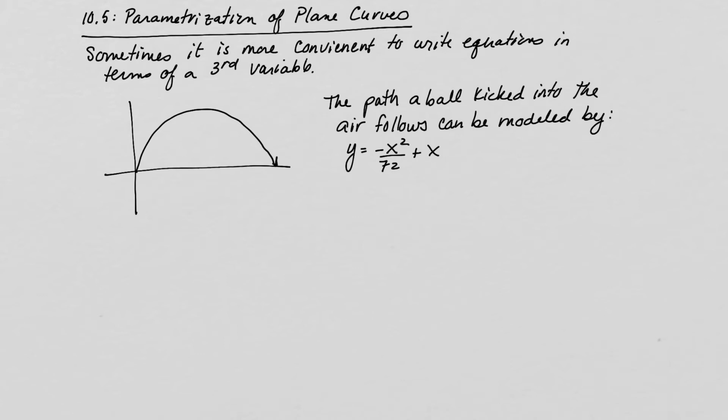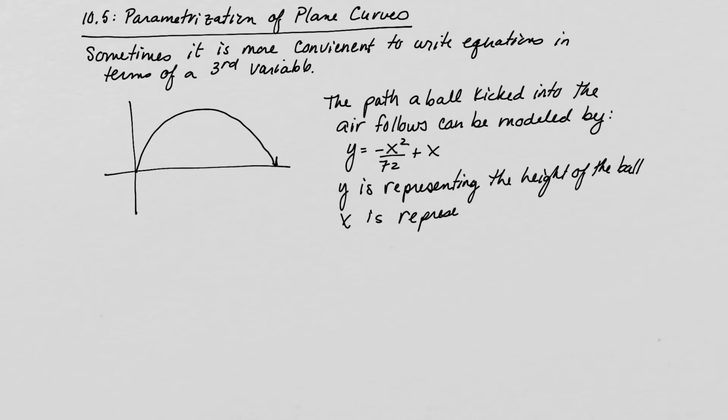In this case, x is representing horizontal distance from where you kick the ball, and y is representing vertical distance from where you kick the ball, so how high it's going, right? So y is representing the height of the ball, and x is representing how far away the ball goes.